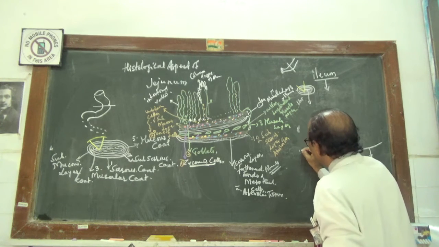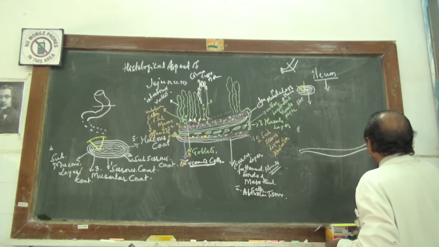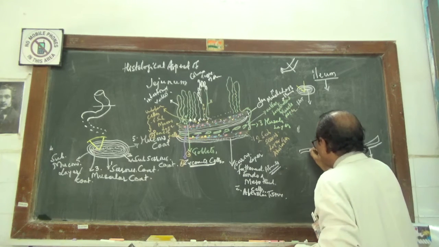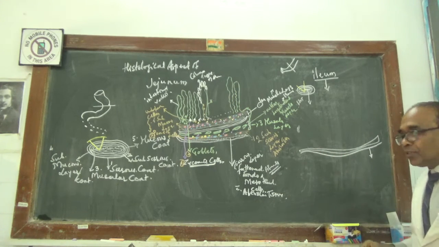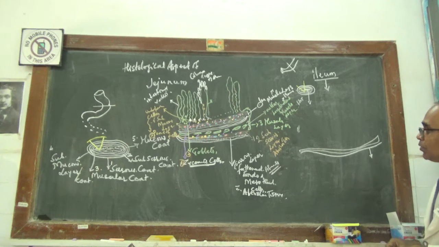Then you will get one more layer, the subserous. The subserous contains abundant areolar tissue.